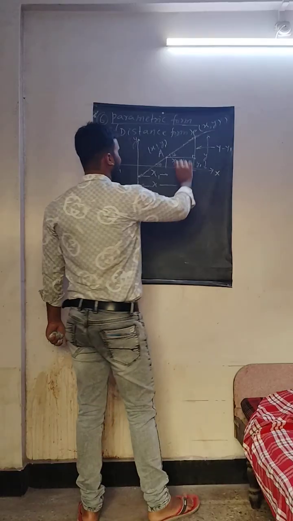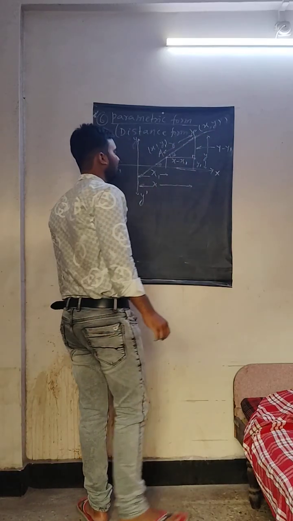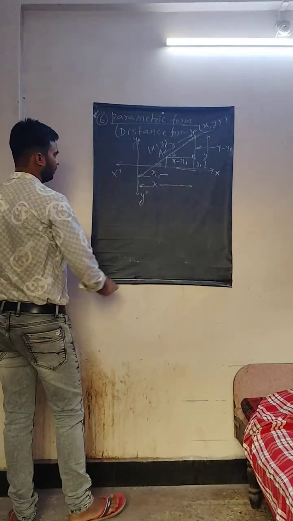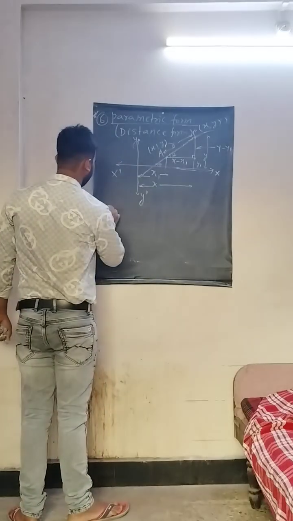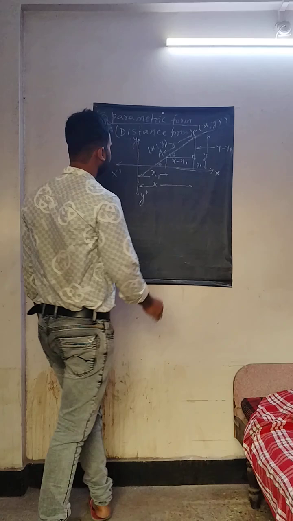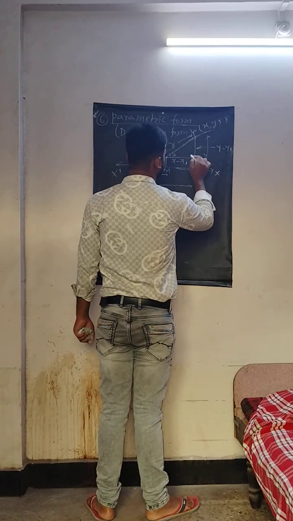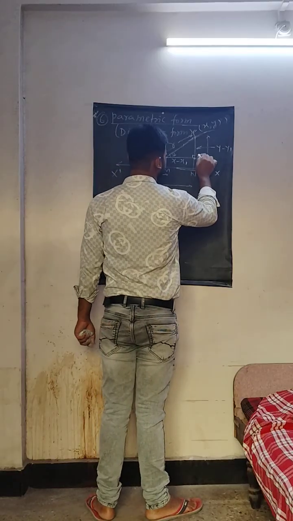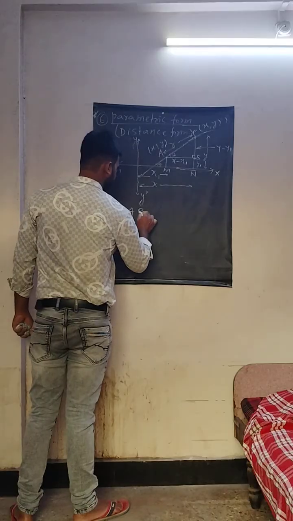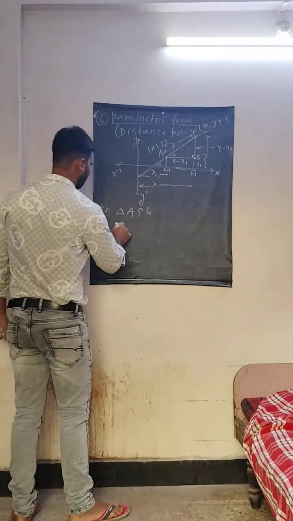Our distance is from point A to point P. First of all, this is M, this is N, and this is Q. In triangle APQ, what is cos theta?